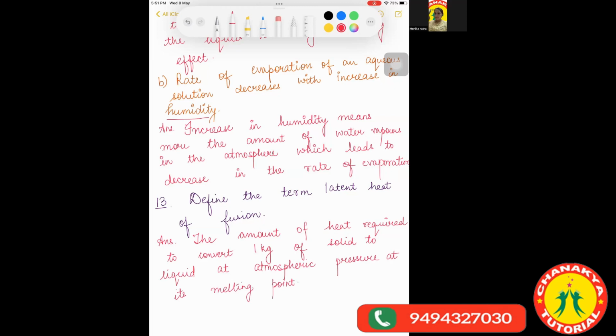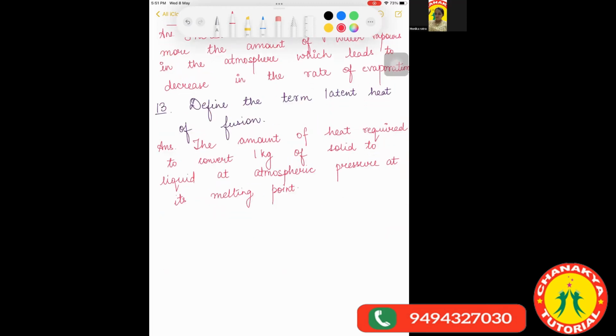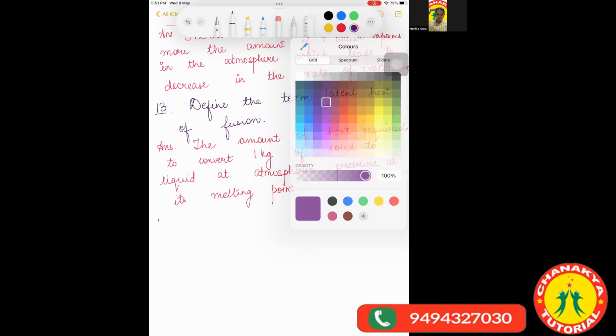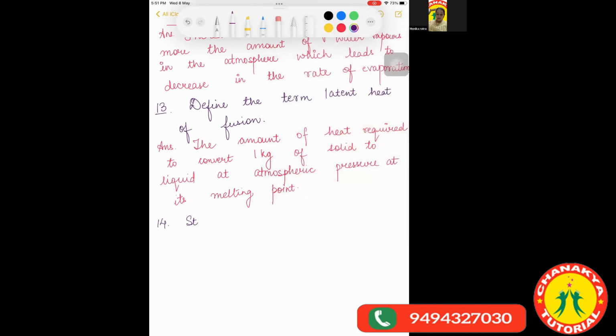Next, state the effect of, first part, surface area on the rate of evaporation. Sampath, can you tell me the answer?